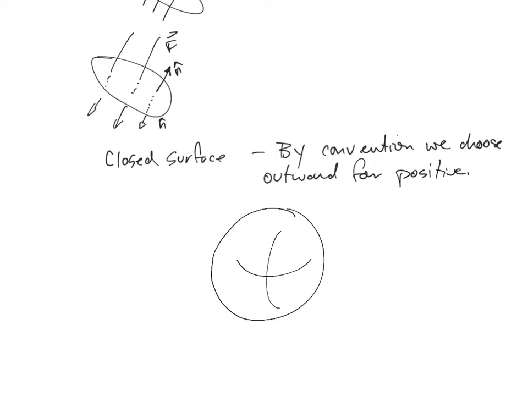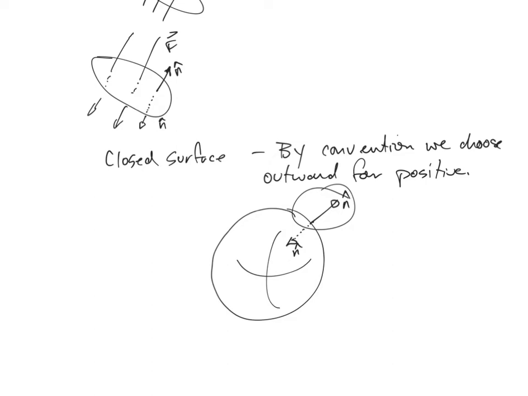Well, again, I have two choices, right? I could choose n hat like this, or I could choose n hat to go in towards the center of the sphere. I again have two choices, and actually you could choose either one, but somewhere in the past people decided we're going to choose outward for a closed surface as always positive. So that's what we're going to do too, okay? So we always choose n hat to be pointing out of our closed surface, which means out of the surface is considered positive flux, into the surface is considered negative flux.